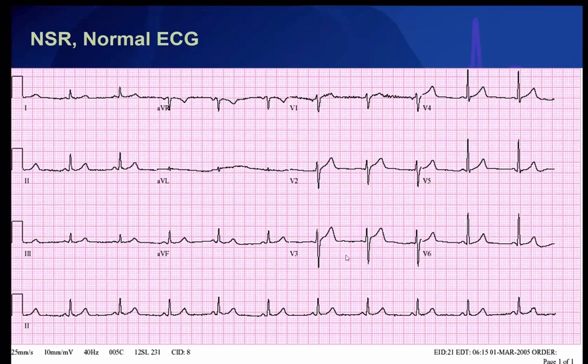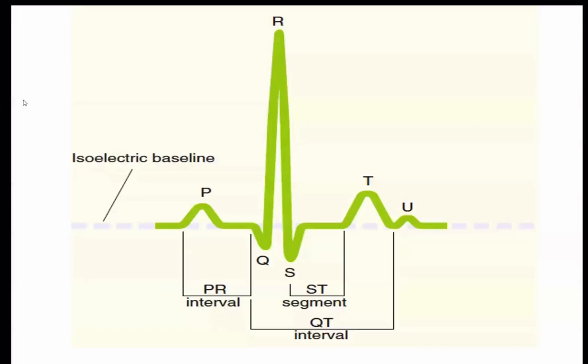So let us speak about the waveform. The waveforms are important for us in cardiology. It is important to see the baseline, which is marked before the P wave. This is the P wave, which is due to the contraction of both atria, right atrium and left atrium.